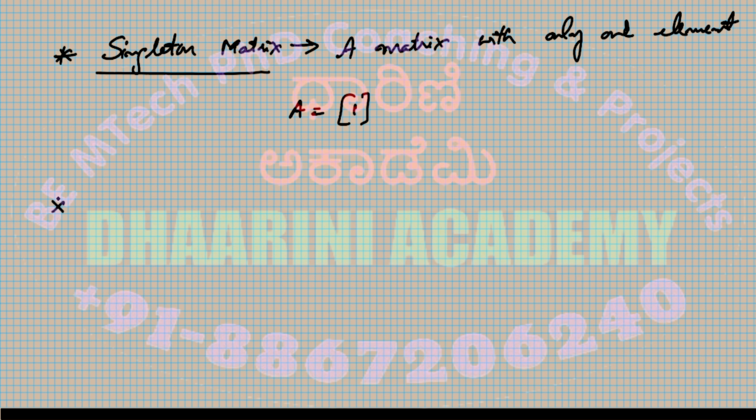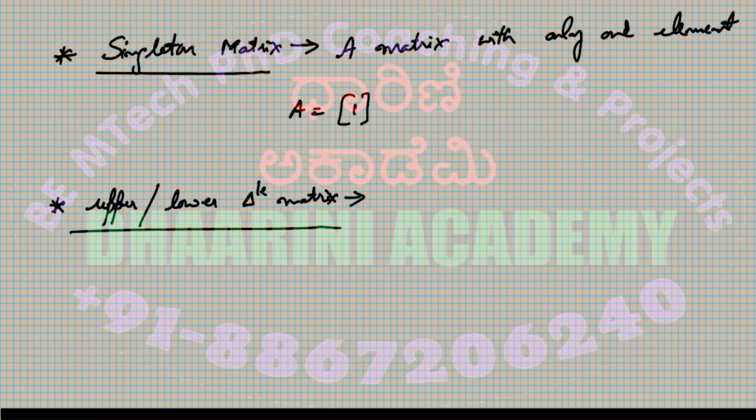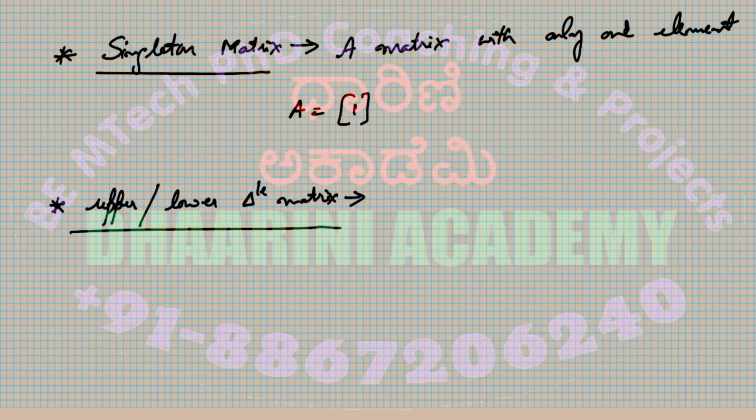Okay, then we have the upper or lower triangle matrix. The upper or lower triangle matrix comes into the picture whenever we have a square matrix in which either all the elements below the principal diagonal are 0 or all the elements above the principal diagonal are 0.